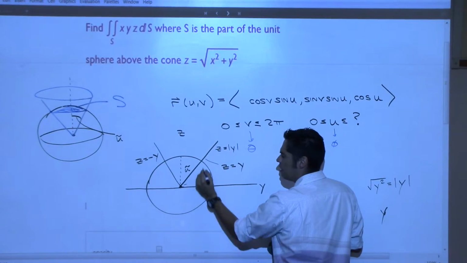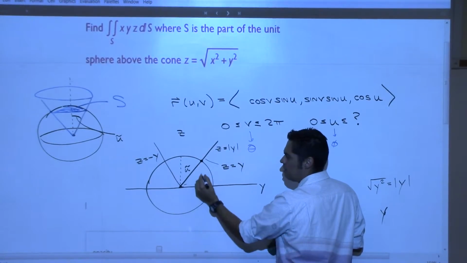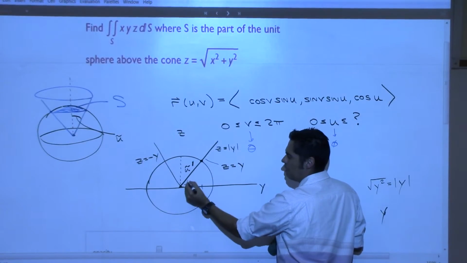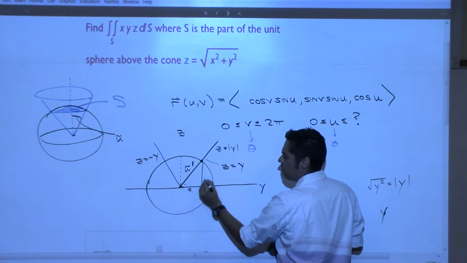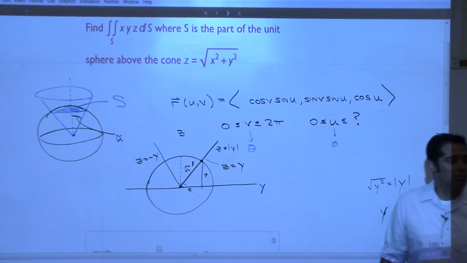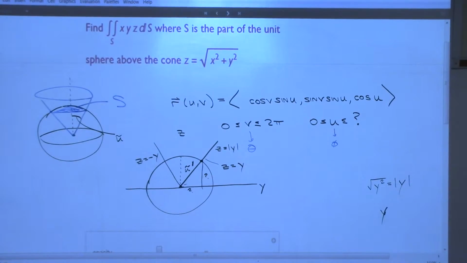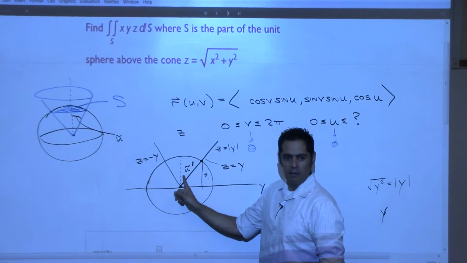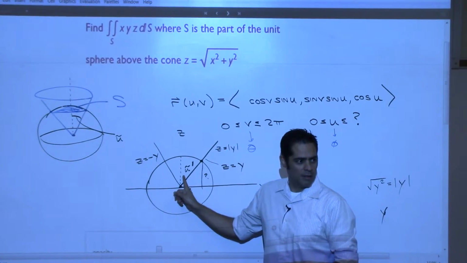So the ratio here is the same. And I know that this distance is 1, don't I? That right there is 1. And I know that these two, whatever they are, have to be the same, which means it's a 45-degree angle, right? Agreed? This is 45, which means this must be 45 degrees also, right?